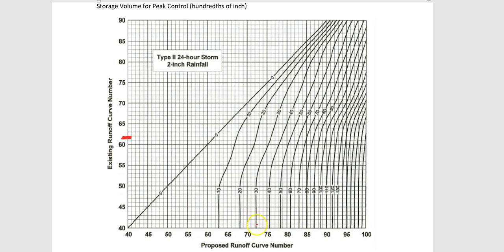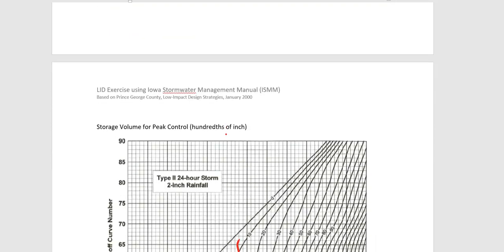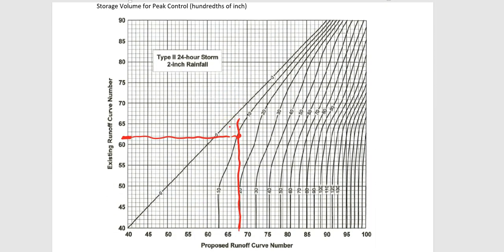Our proposed was 68 after we do the adjustment for disconnection. And then we come over here, and doesn't that look the same? This is 0.11. This one might be a little more on. I could say 0.11 or I can say 0.1.